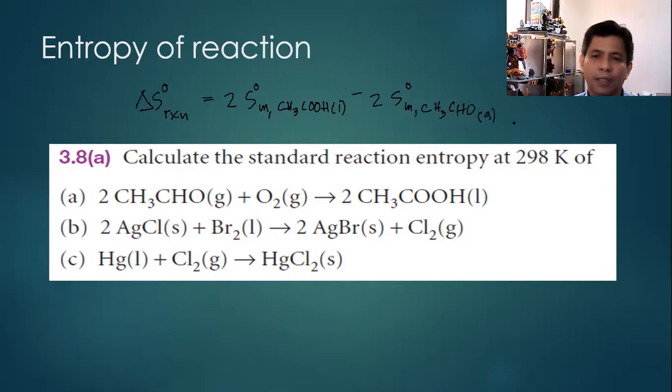And then sabi ko nga kanina, hindi zero ang oxygen. So meron din tong entropy, ano? So i-minus niyo yung entropy ng oxygen gas. Okay? So just use the table in the resource section and substitute all the values right here.